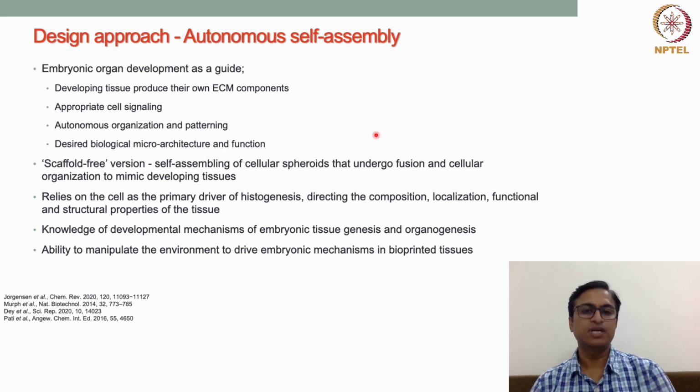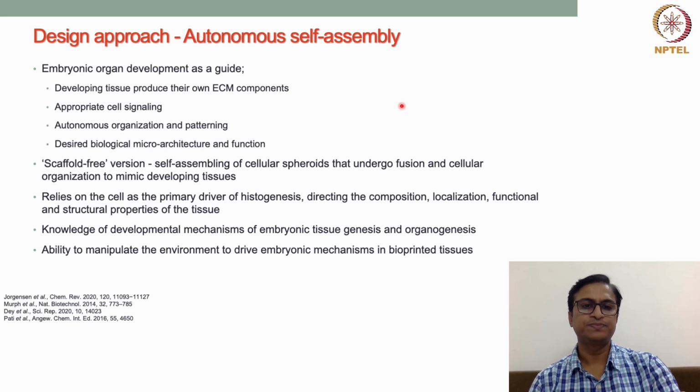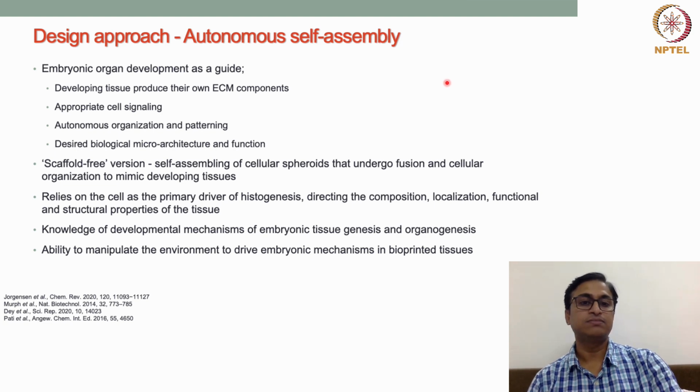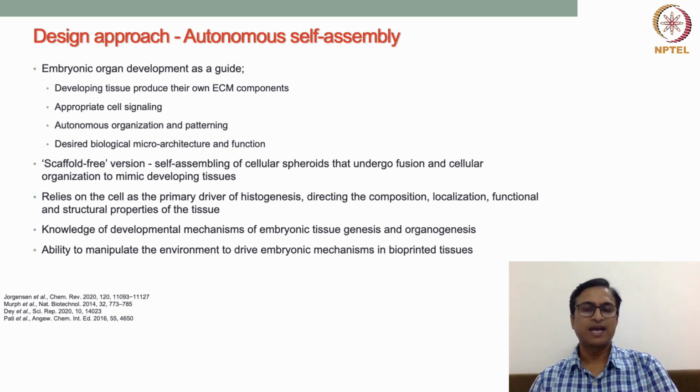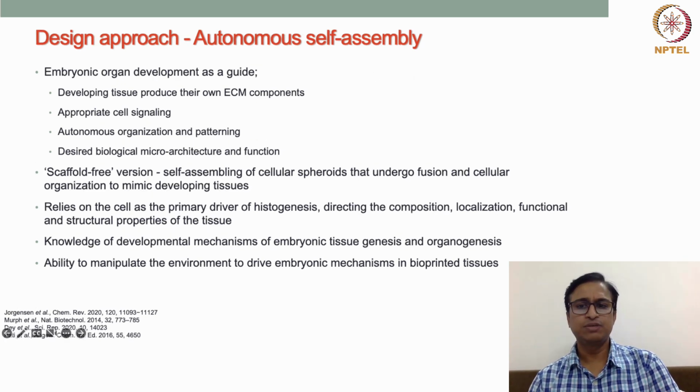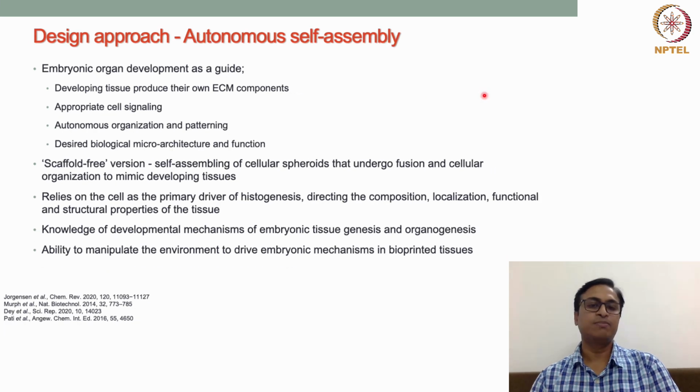Embryonic organ development can be used as a guide to understand the different factors that help in the self-assembly process, and how we can recreate those self-assembled structures using bioprinting. So embryonic organ development can be used as a guide for tissue development, or for organ bioprinting.